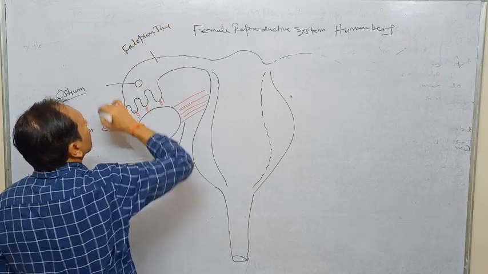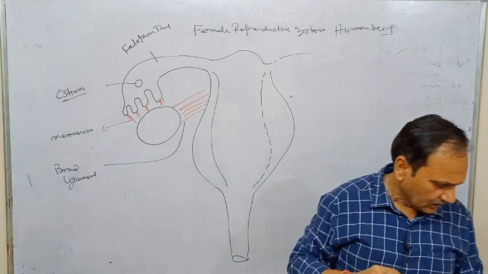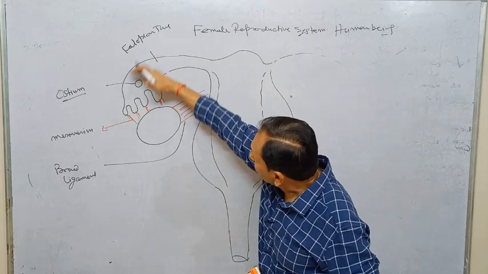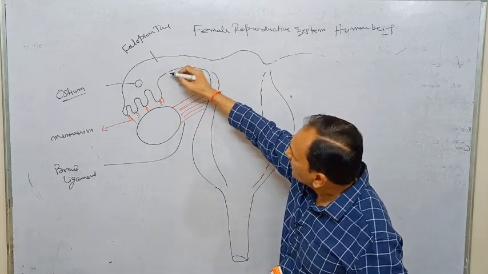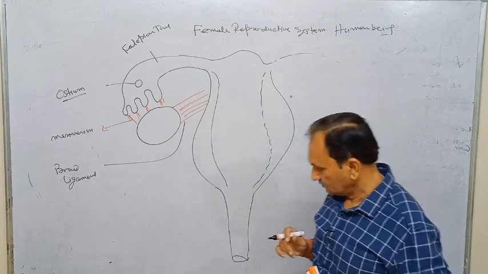The fallopian tube has certain parts. This particular part is the infundibulum, this is called the isthmus, and both together are called the fallopian tube.